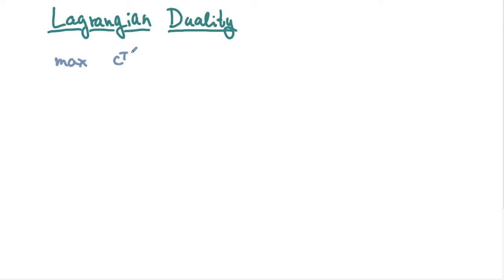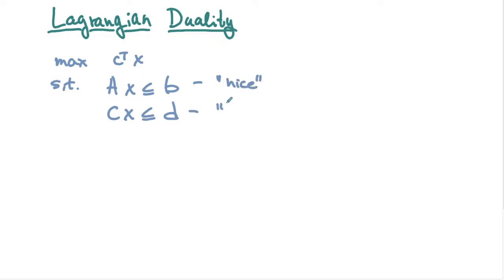We have maximize c transpose times x, subject to Ax less than or equal to b, then Cx less than or equal to d, and we assume that the first set of constraints would be the nice constraints, and the second set of constraints given by Cx less than or equal to d is the complicating set. In addition to this, we also require that x is a non-negative integer.